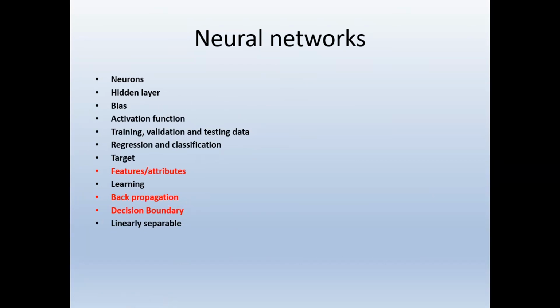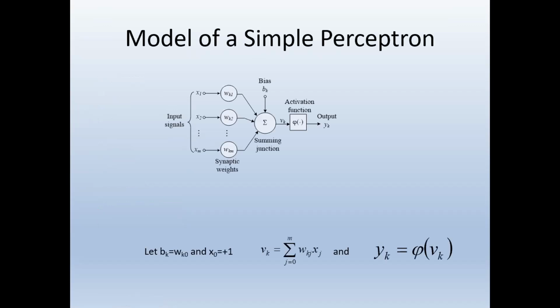Based on that, we can come to what a simple neural network is, what the issue is if I use a simple neural network, and how we can improve its accuracy. This is today's overview. Also, if we have sufficient time, I can show you how to perform neural network regression and classification using MATLAB.